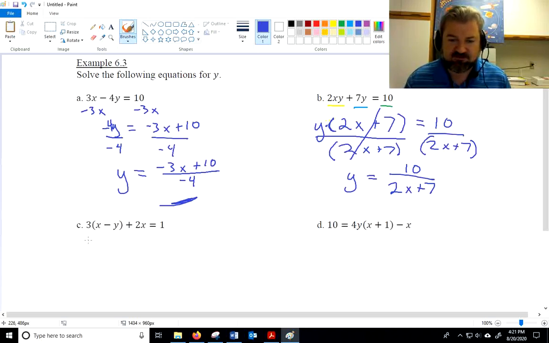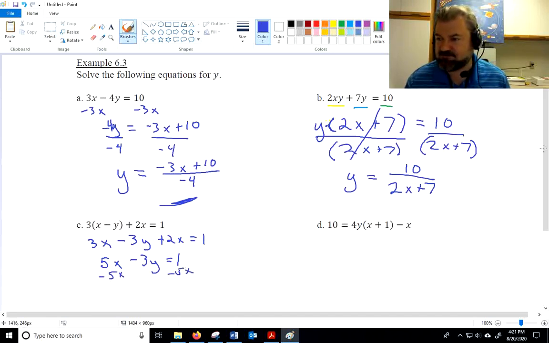Okay, I think we need to distribute. And combine like terms. Okay. I will subtract 5x from each side. Let me give myself a little bit more room here.